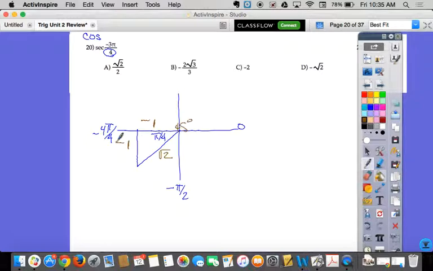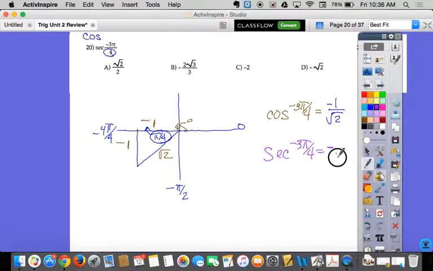But we're going to think about this like it's cosine of this angle. If you did cosine of that angle, that's adjacent. So from here, the adjacent side over the hypotenuse. Don't rationalize, don't waste your time, because the question asked you for secant. Turn it upside down. Negative square root of 2. This was just giving us a frame of reference. Okay?